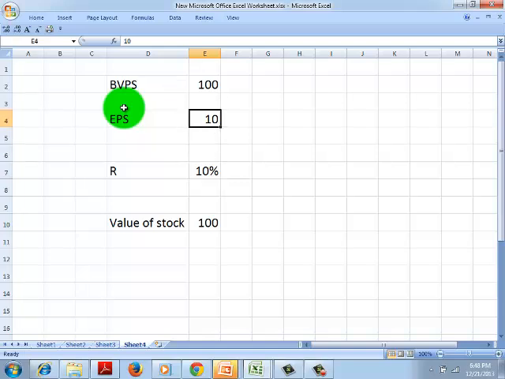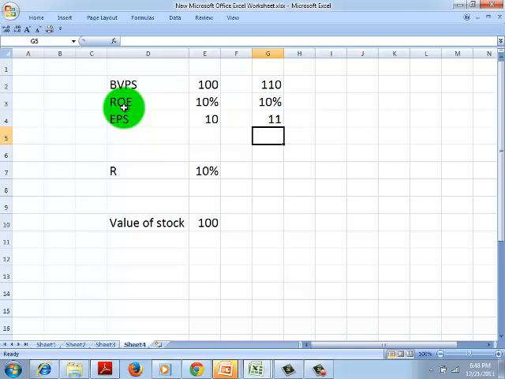Let's assume instead of paying that 10, the company decided that it is going to reinvest that. So next year the total capital of the company is how much? 110. But if the company again keeps the ROE constant, so if the ROE next year is also 10%, next year EPS would be how much? 11.